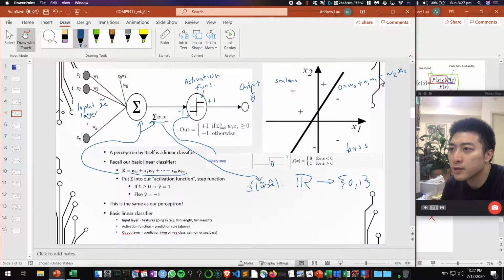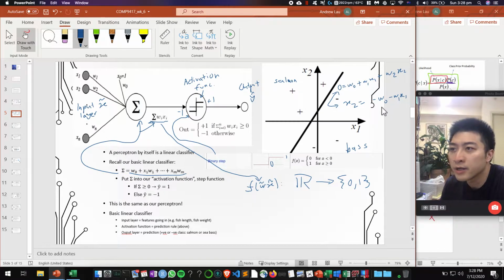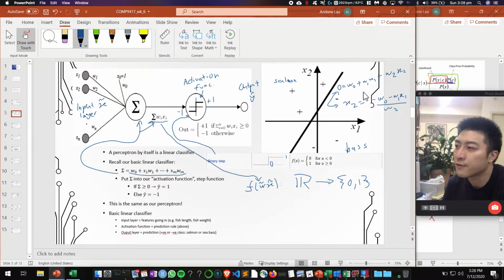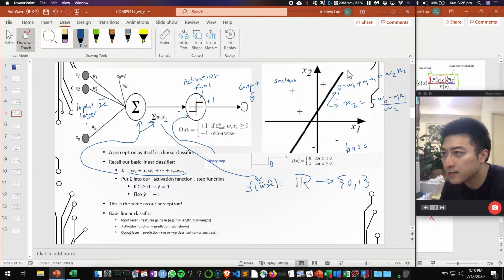And of course you can rearrange it so that you have x2 equals negative w1x1 divided by w2, minus the bias term over w2. You can rearrange it to arrive at this, but effectively this activation here, that is that line here.